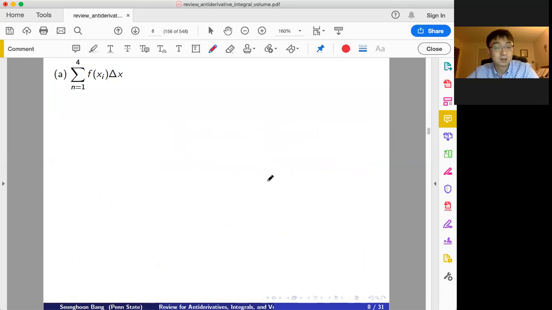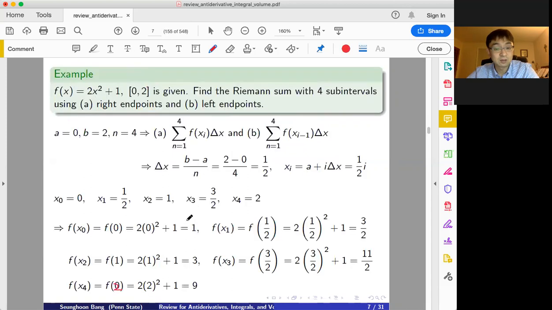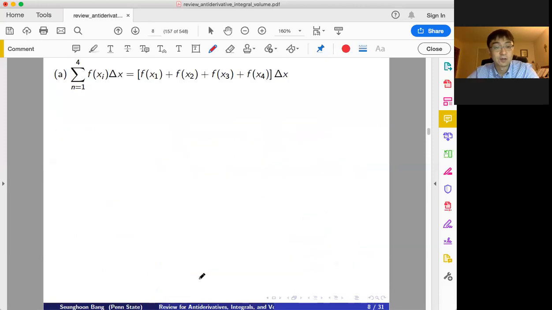Next, the right-hand point is this one. You can plug in these numbers: f of x1, f of x2, f of x3, f of x4. So we have it like this, and simplify. We have 19 over 2.